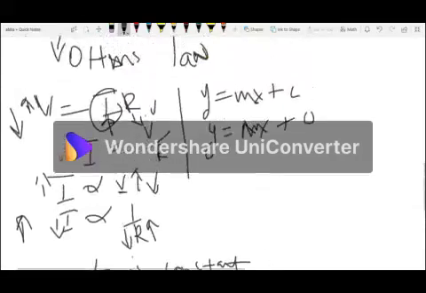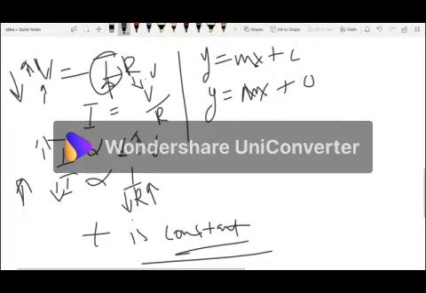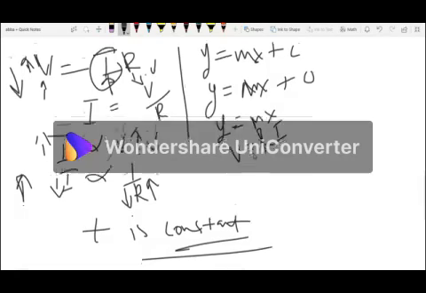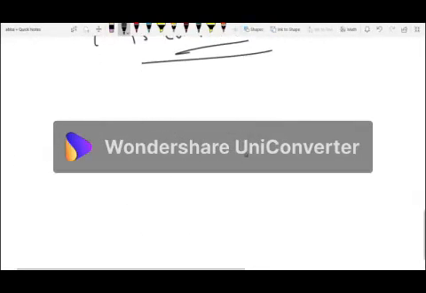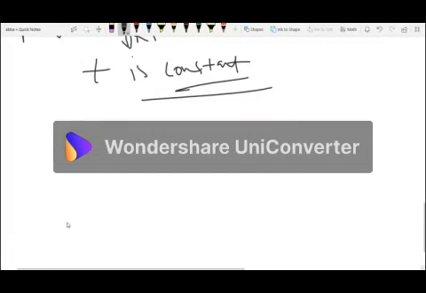So if current increases, potential difference increases. That is basically what we mean. That's why we're saying it follows the order y equals mx, right? So now m becomes your R, then x becomes your I, then the V equals to that. In some books they put it in this form because of this rule here. But that's a debate for another time.